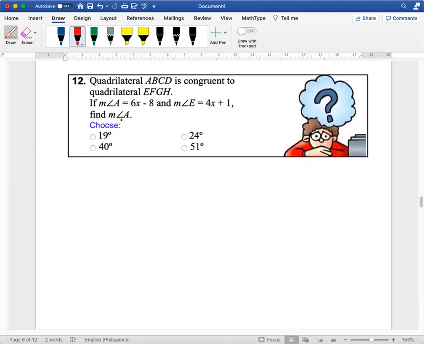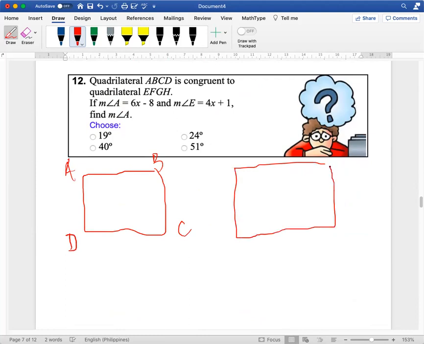Quadrilateral ABCD is congruent to quadrilateral EFGH. Since it's congruent, they should have the same shape.